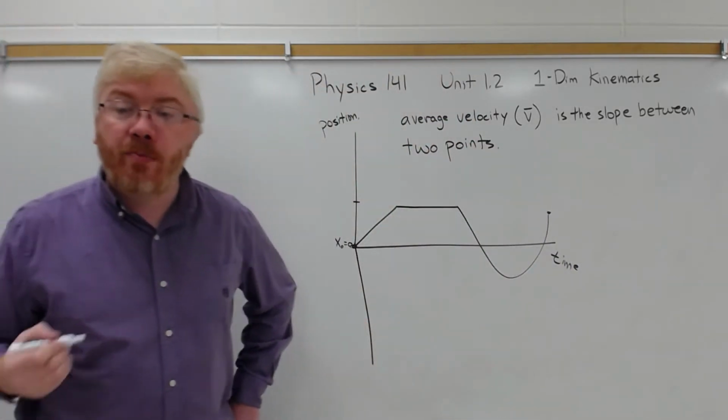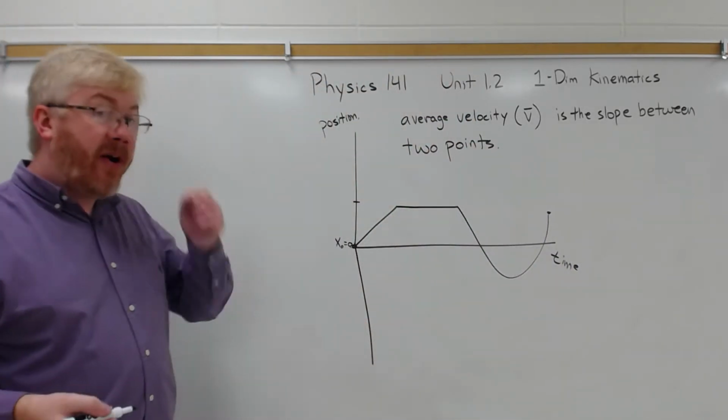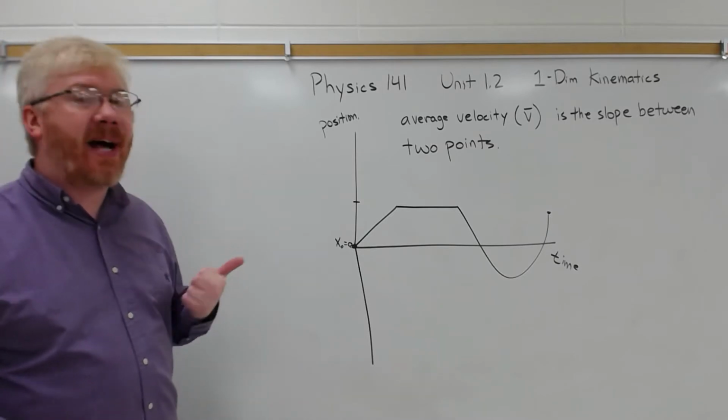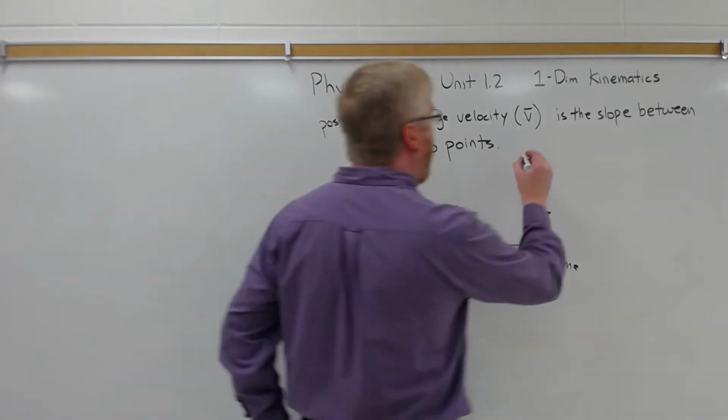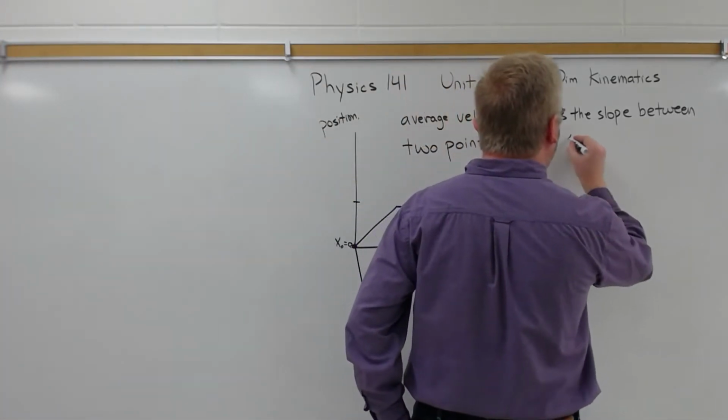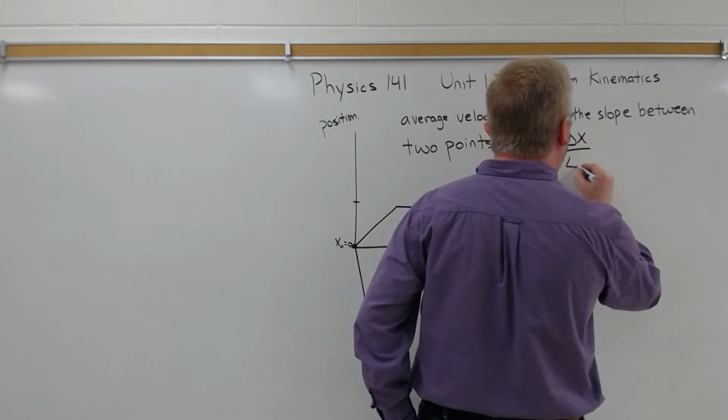So pick 2 points on this graph and figure out the slope that tells you the average velocity between those 2 times. Remember, average velocity is the change in x over the change in time.